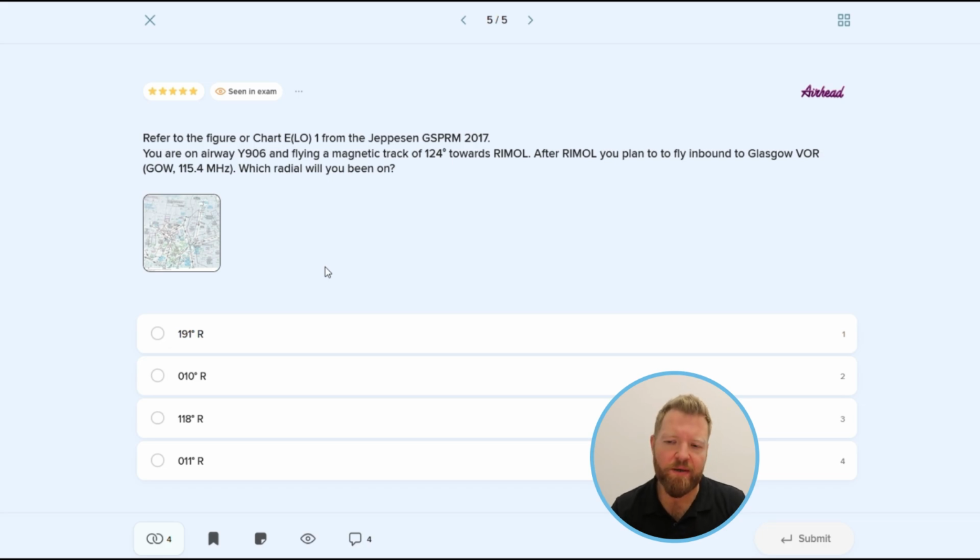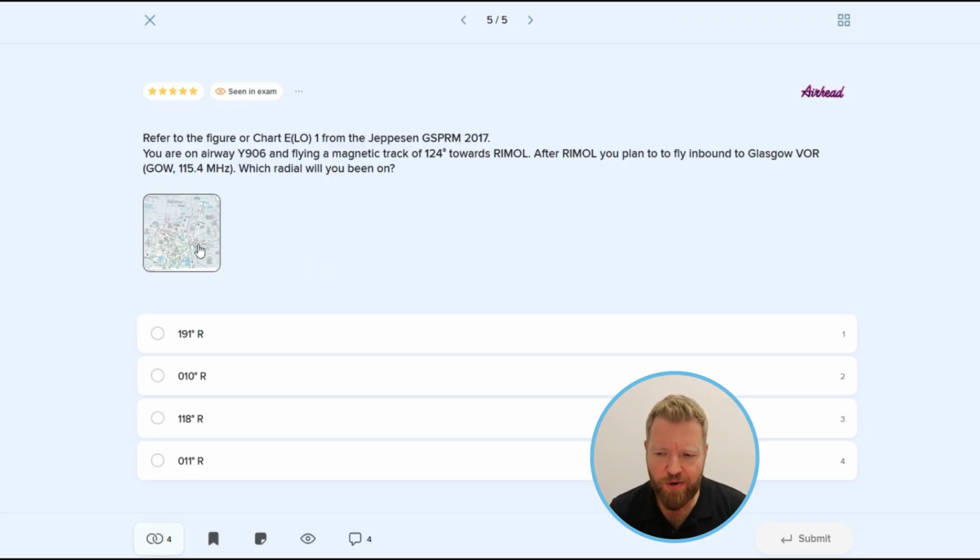Now, if you are tracking a radial outbound, so we are moving away from the station, our magnetic track will also be 270 degrees. If you are flying towards the station tracking radial 270, our magnetic track will be 090 degrees. In other words, if we are flying inbound to the station, our track is the reciprocal of the radial we are on.